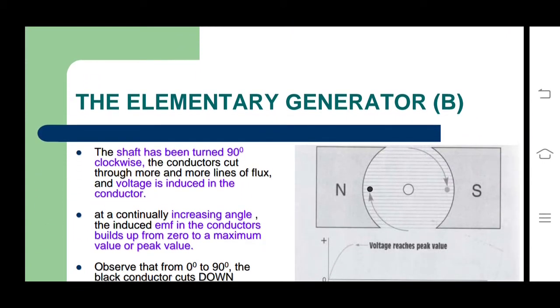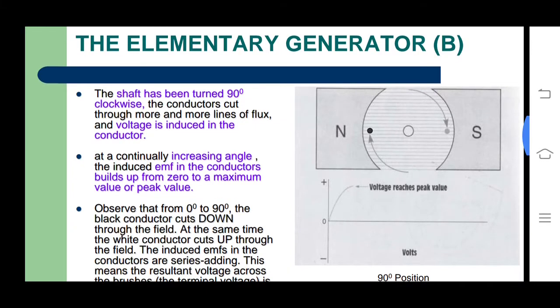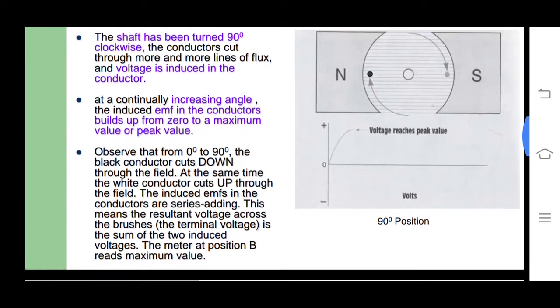The elementary generator, position B. The shaft has been turned 90 degrees clockwise. The conductor cuts through more and more lines of flux, and voltage is induced in the conductor. At a continually increasing angle, the induced EMF in the conductor builds up from 0 to its maximum or peak value.